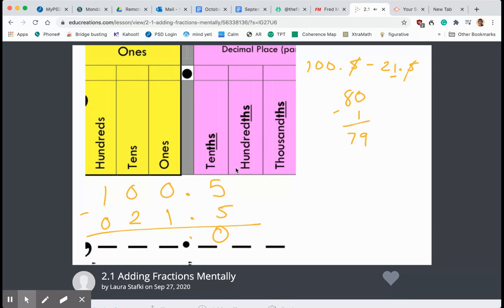I'm going to make sure I bring down that decimal. Ooh, now I'm subtracting over zeros. Mental math was probably easier. This is a 10, now that's a 9, and now this is my 10. And 9 minus 2 is 7. All right, I got the right answer. This is the same as that. There we go.